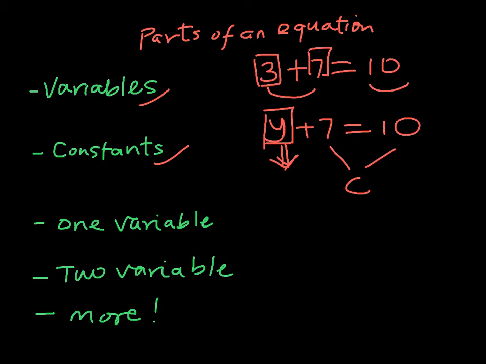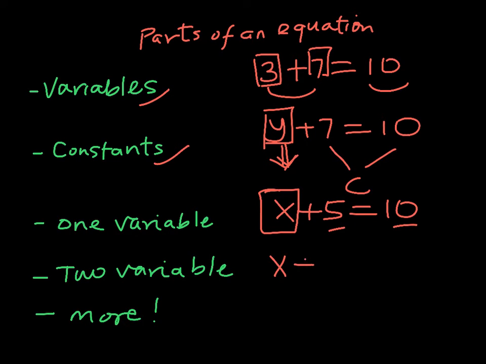Some equations have one variable. For example, x plus 5 is equal to 10 contains only one variable. X is the variable, while 5 and 10 represent constants. Some equations contain two variables, for example x plus y is equal to 10.